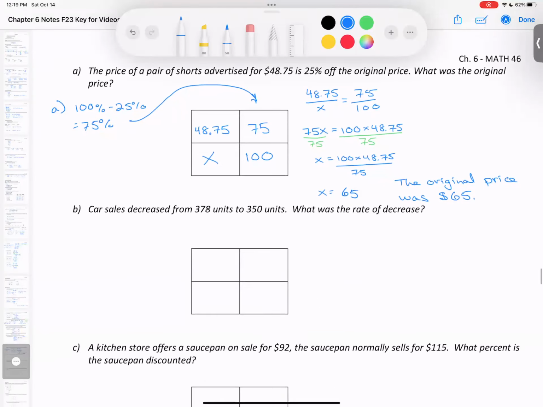Okay, let's look at the next one. Car sales decreased from 378 units to 350 units. We want to know what was the rate of the decrease. So the first thing we want to do is figure out the amount of the decrease.